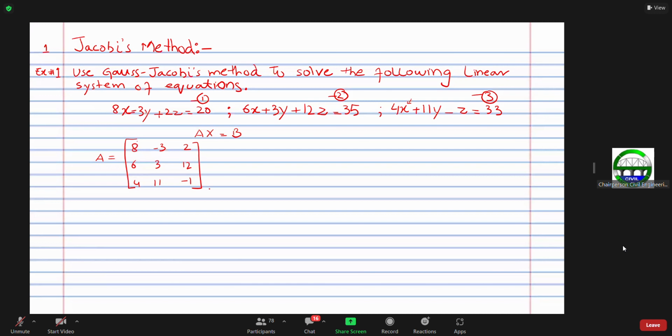In the Jacobi method, the first step is you have to check one condition. What condition?